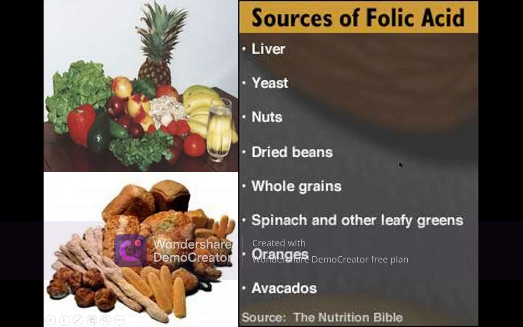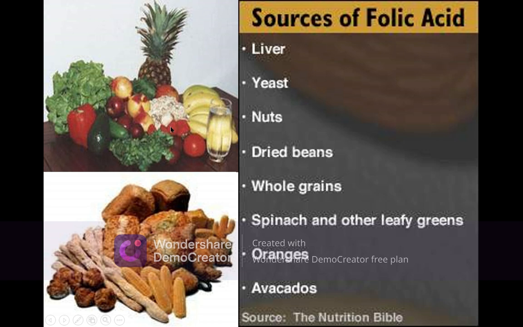These are congenital defects. The sources of folic acid are both animal and plant sources. Look, the plant source: all fruits and all vegetables are rich in folate. In moderate amounts it is present in animal sources, like meat or fish and others.